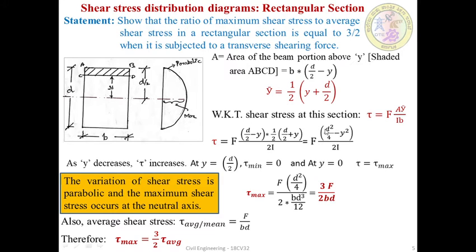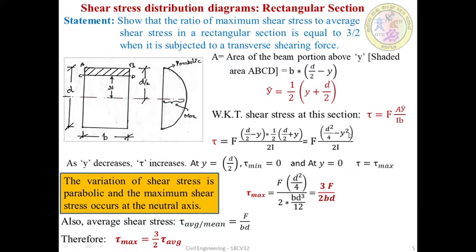So from the above equation, the depth of the beam is constant, the shear force acting at that particular section is also constant, and the moment of inertia is also constant. The only variable is y. As y varies, the shear stress varies. When y decreases and the y value comes to 0, shear stress will be the maximum.